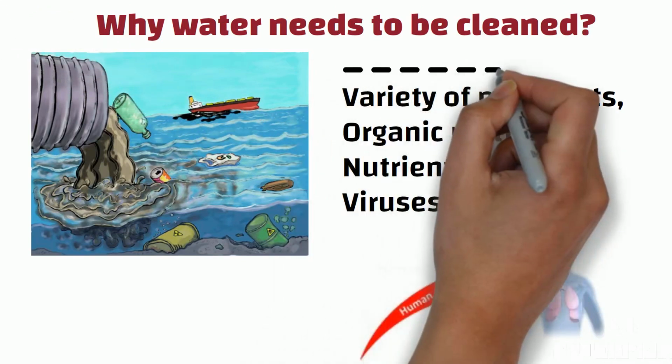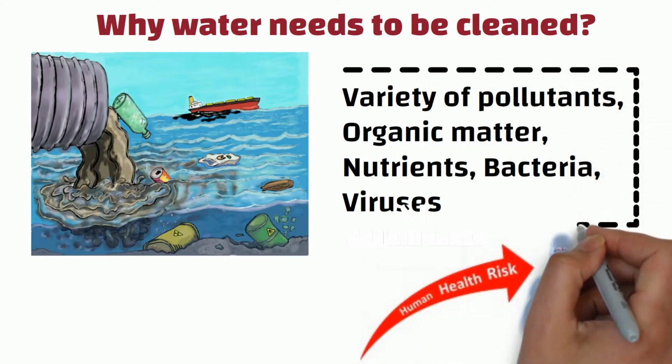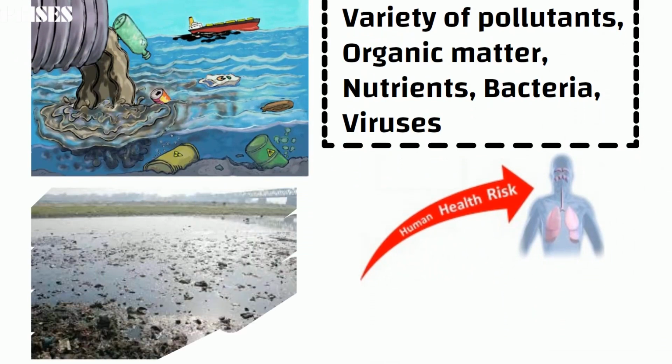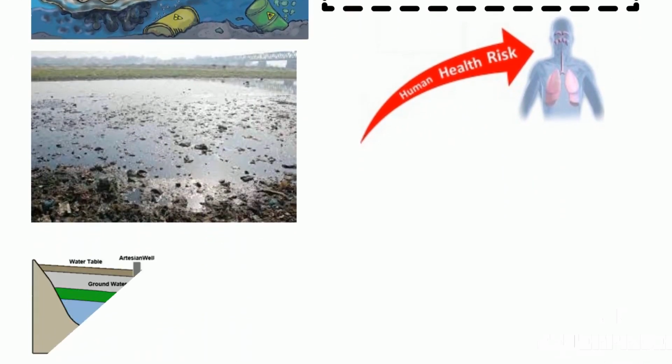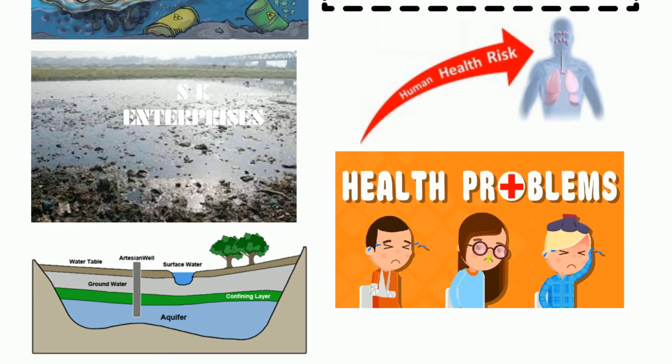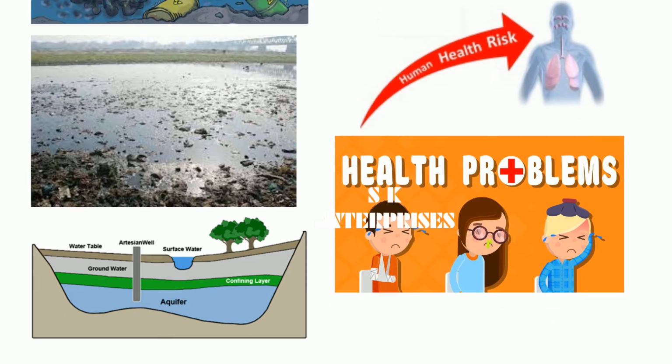If these pollutants are not removed before the water is discharged back into the environment, they can contaminate rivers, lakes, and groundwater sources and cause health problems for people who come in contact with the water. Now let us discuss each component of the STP in detail.